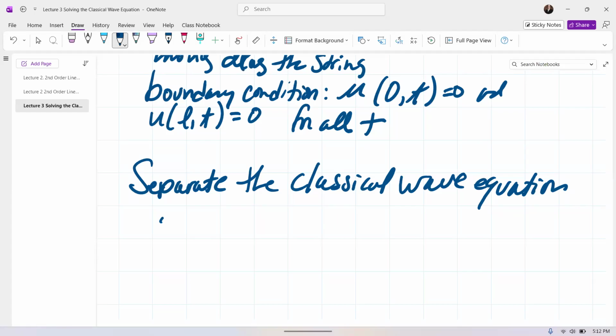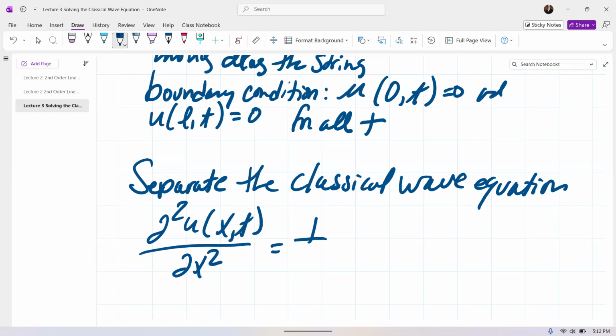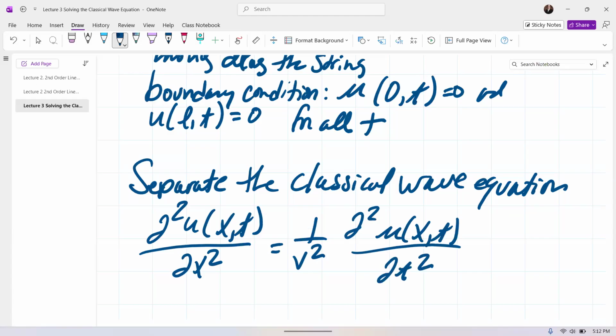So we start with this, d squared u of x and t over dx squared. This is nearly identical to the one we just did together. Instead of being a c, there's 1 over v squared, which is a constant, and the name of the variables is a little bit different. So I did it in the more generic form, right?